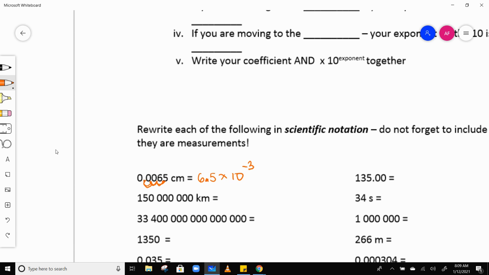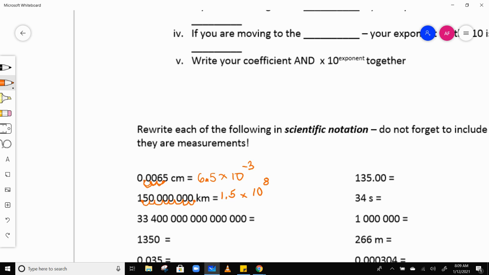So the same thing here. We have 150 million kilometers, right? So in order to make this a number between 1 and 10, we make it 1.5. So it's 1.5 times 10 to some power, and the power again is however many decimal places we had to move. So this one we had to move it 1, 2, 3, 4, 5, 6, 7, 8.